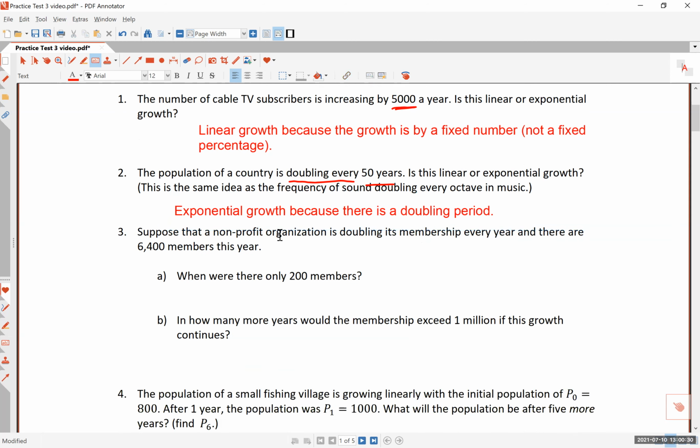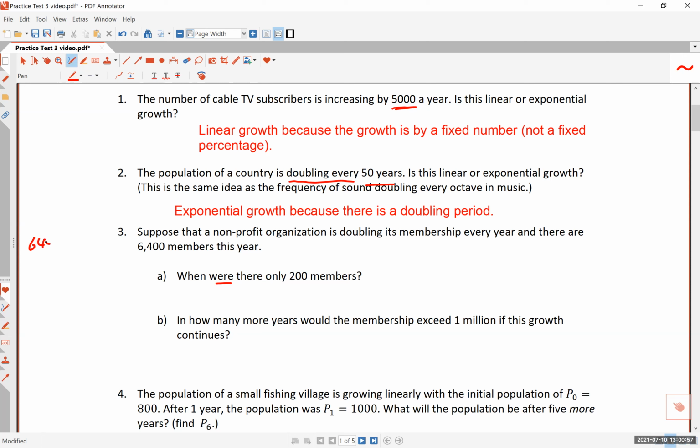Okay, number 3, suppose that a nonprofit organization is doubling its membership every year. Okay, again, exponential growth. And then there are 6,400 members this year. Now, it's pretty obvious how to do this, I think, right? If you don't know the equation and you don't need the equations, you can go backwards. So the first question: when were there only 200 members? All right.